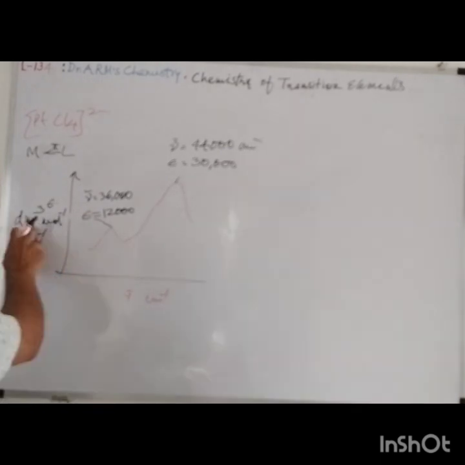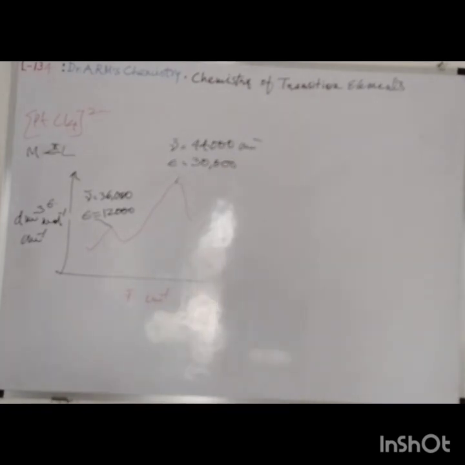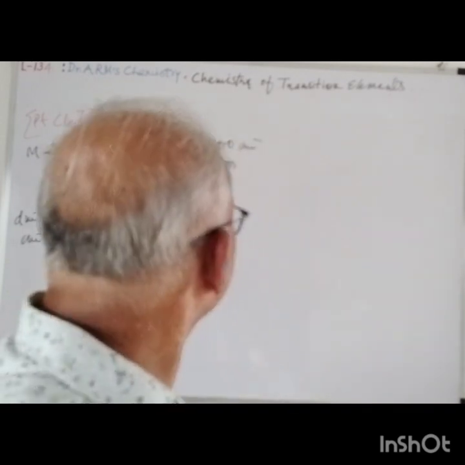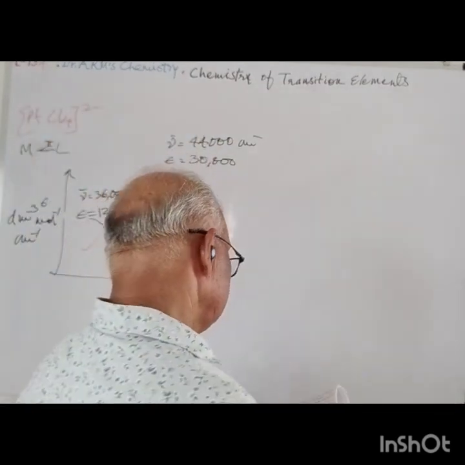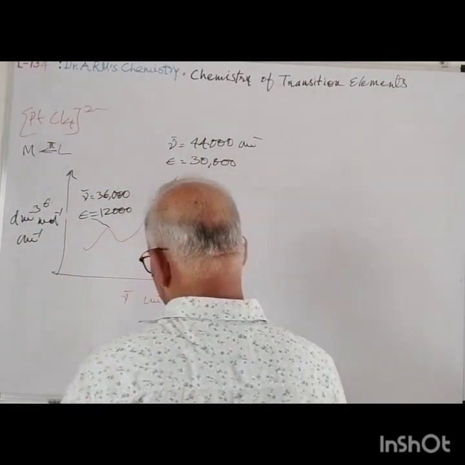The unit is per cubic decimeter, that is volume, per mole per centimeter. Here we can have these transitions which are taking place in this way.